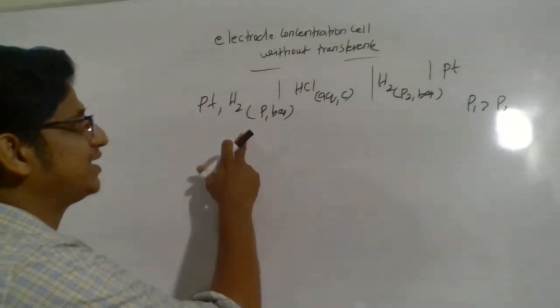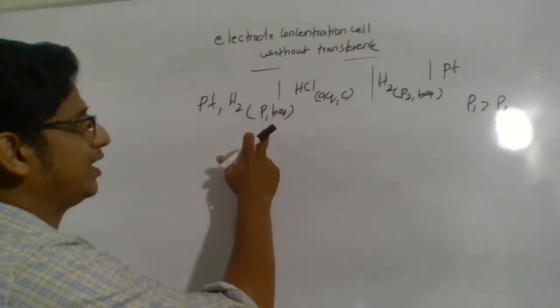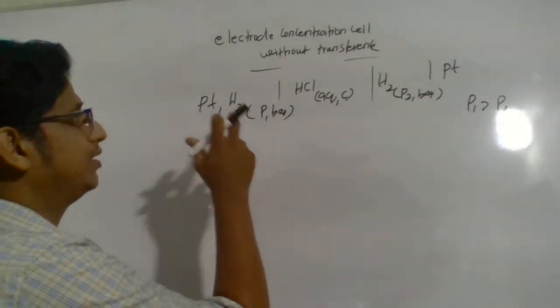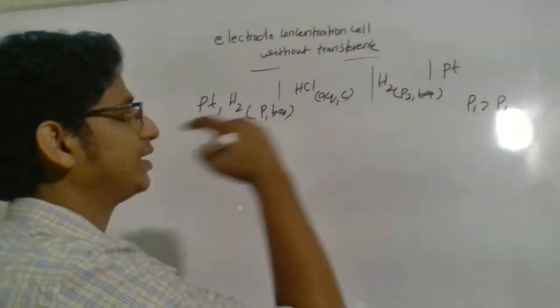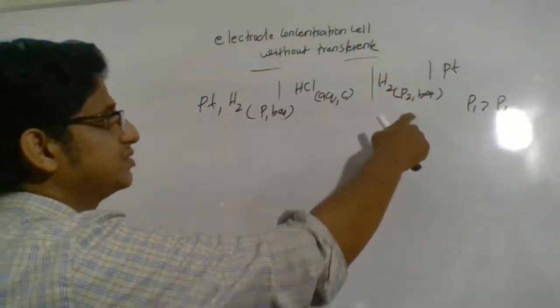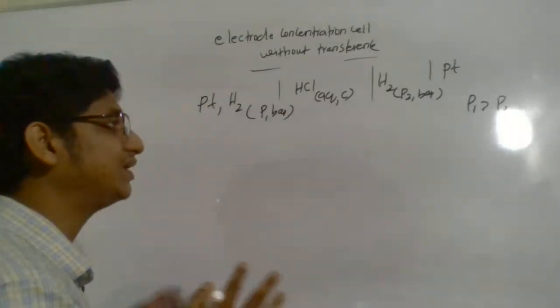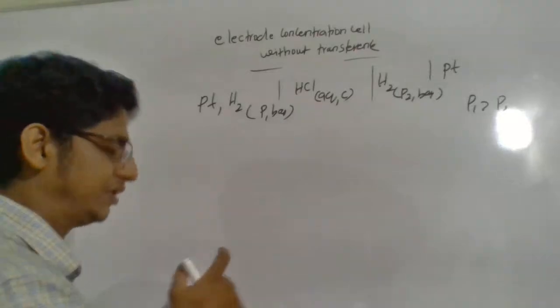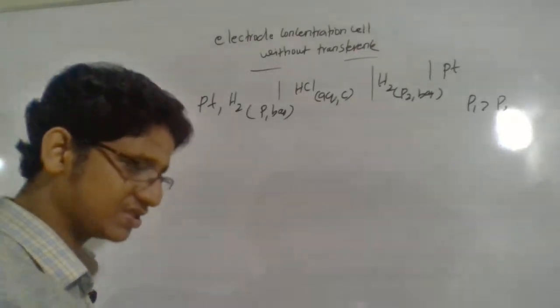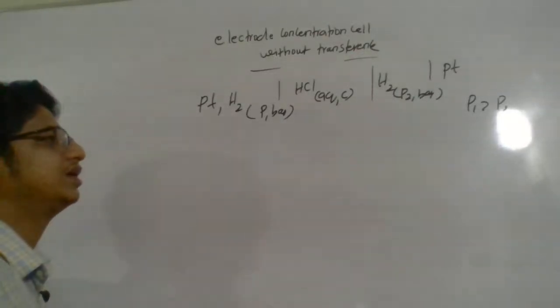Here, hydrogen gas is maintained at a pressure P1 bar, and here another hydrogen electrode is maintained at a pressure P2 bar. So the only difference is the pressure of the two gas electrodes, which is generating an EMF.